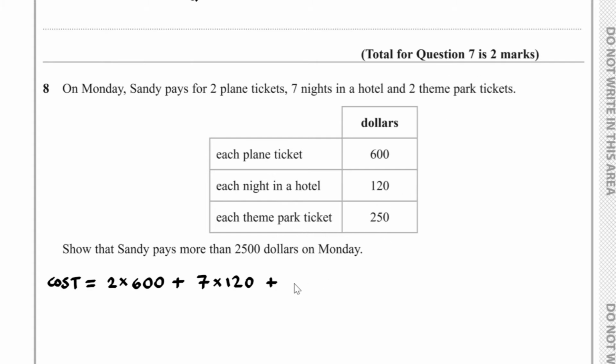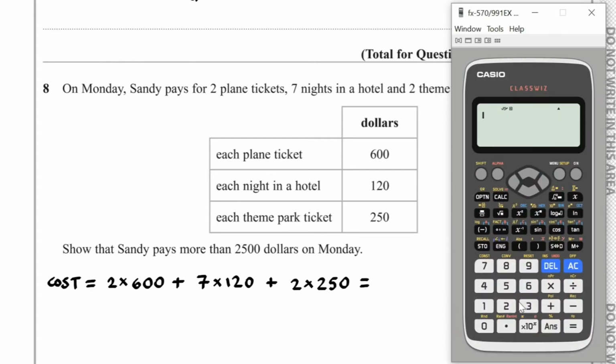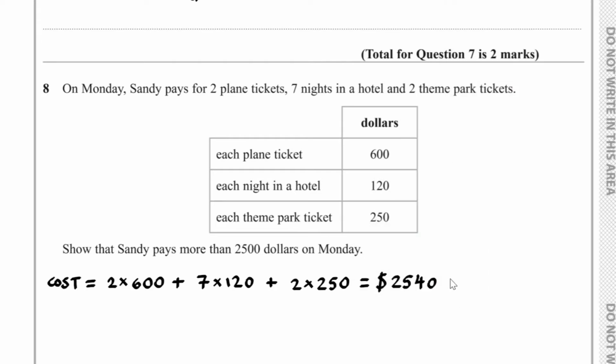We've got 2 of those, so we've got 2 times 250. And so if I work out what this is, we get $2,540, and this is greater than the $2,500.